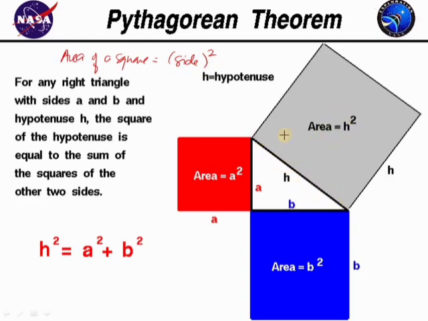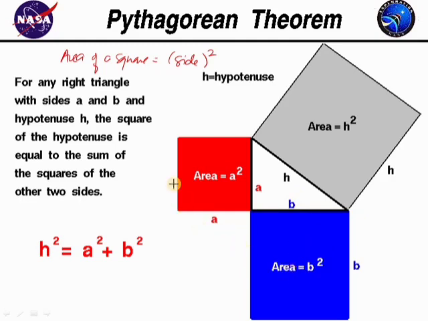So the area of this gray square becomes h square. Similarly, for the red square, the side is given to be a, so the area of this red square is a square. And similarly the area of this blue square becomes b square, because each side of this blue square is b.